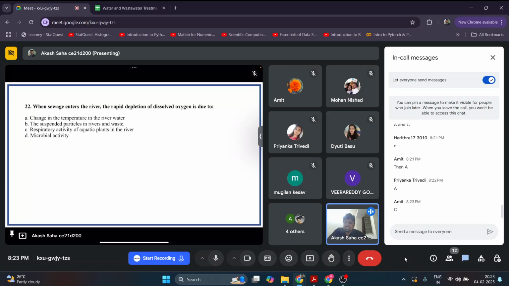Next, when sewage enters the river, the rapid depletion of dissolved oxygen is due to change in temperature, the suspended particles, the respiratory activity of aquatic plants, or the microbial activity. Why does the dissolved oxygen deplete?